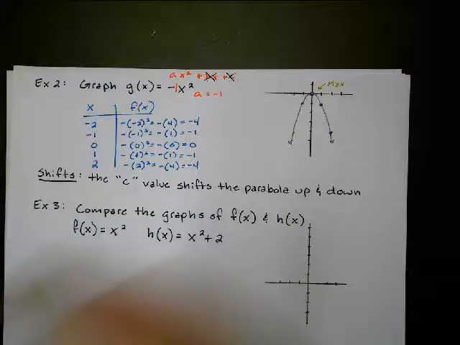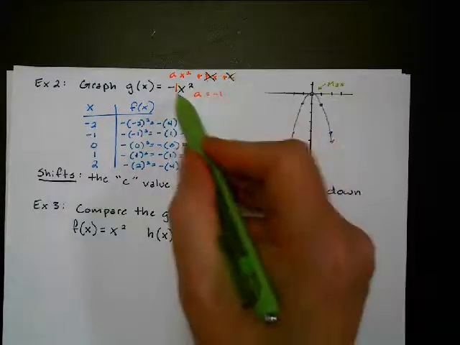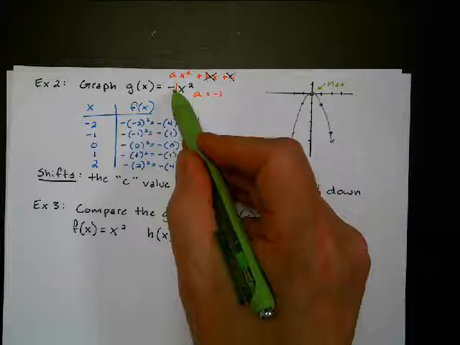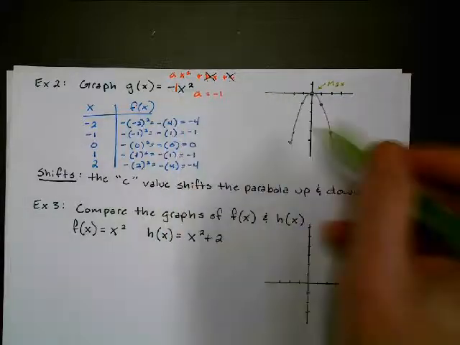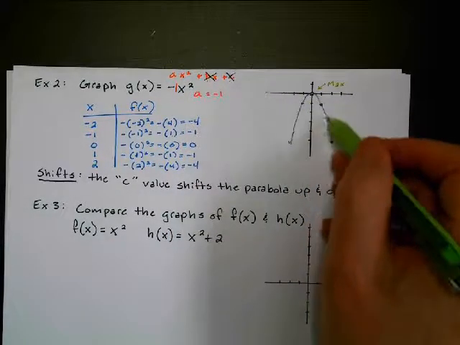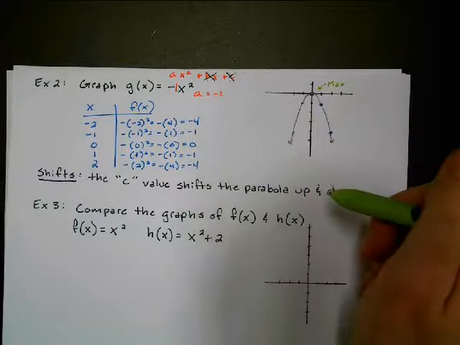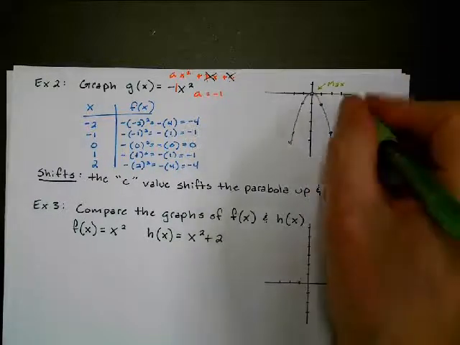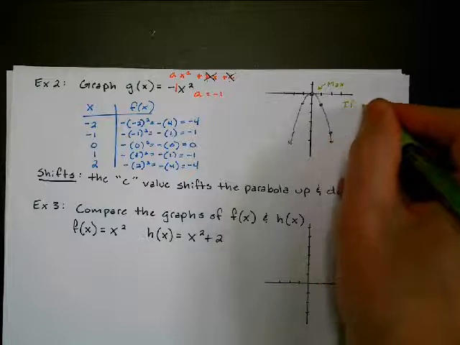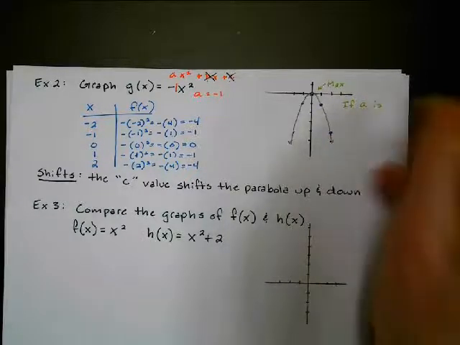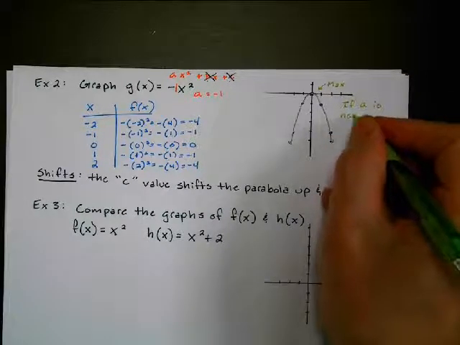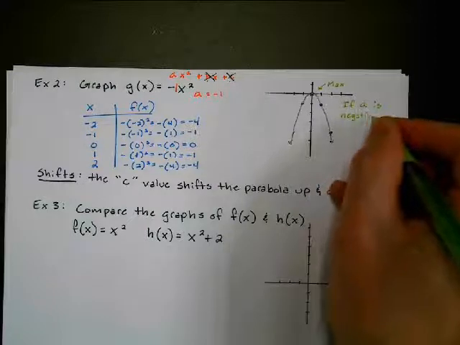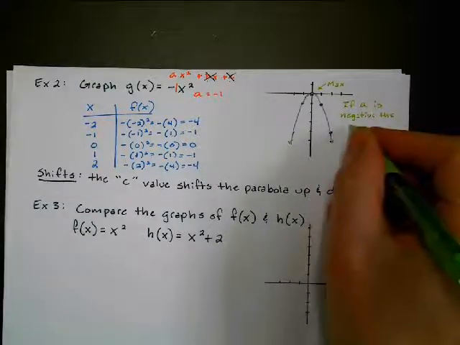And anytime our a value is negative, that's going to make our parabola face down and have a maximum. So if a is negative, the vertex is a maximum.